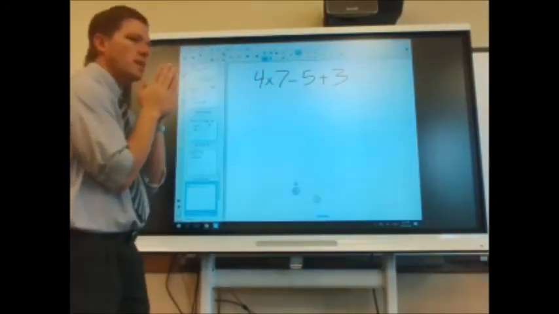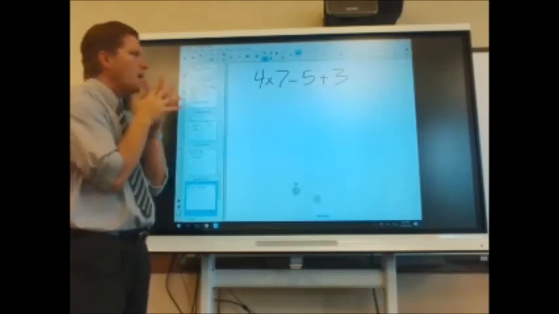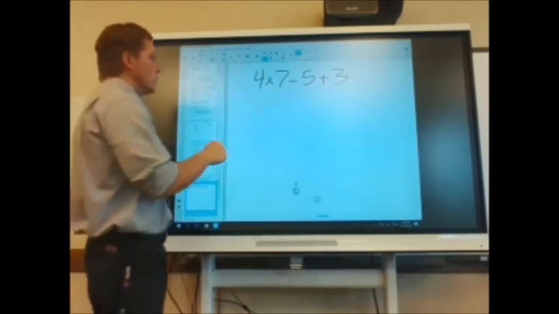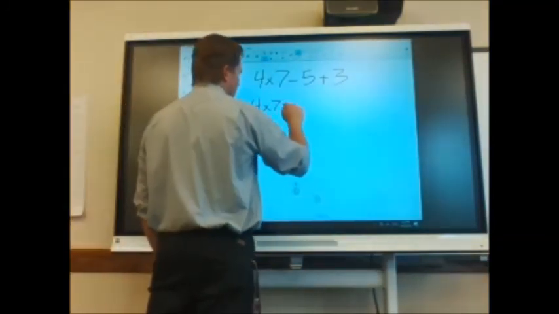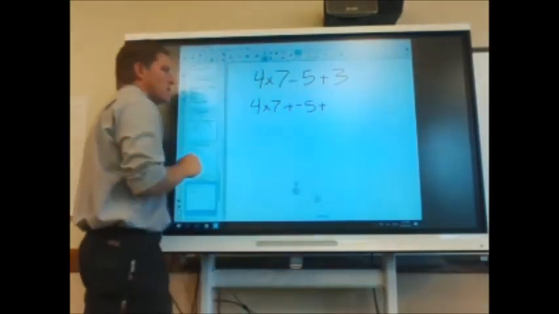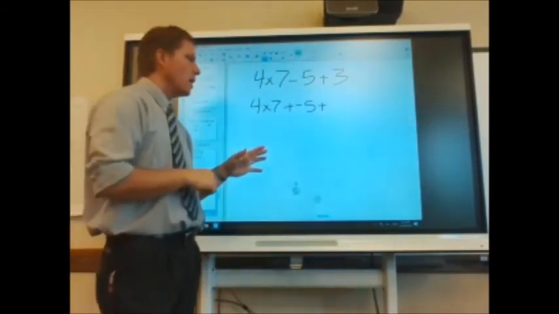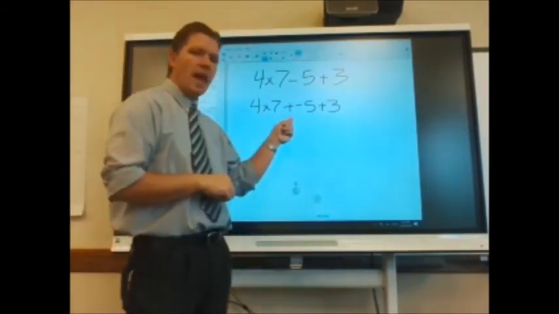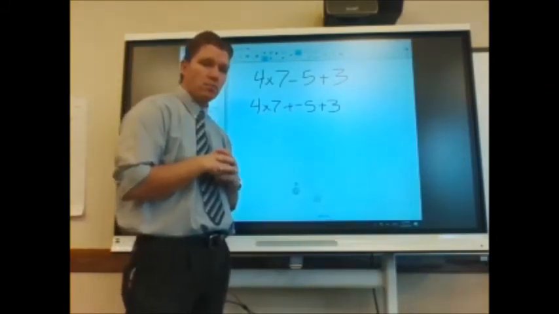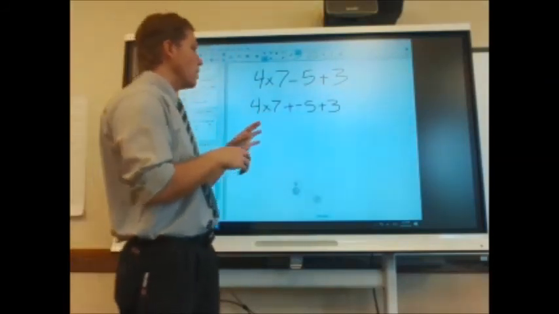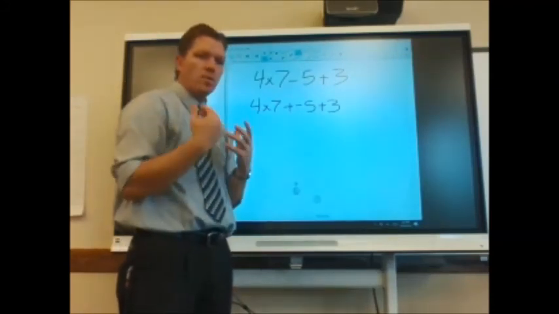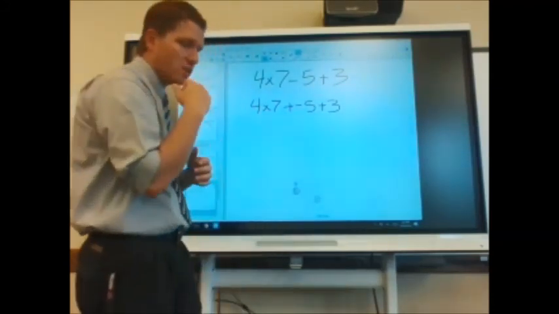A student may look at this and being able to see the subtraction, in their mind they rewrite this as adding a negative rather than subtraction. And rethinking about this in that way has an advantage because now I can pull in the commutative property.